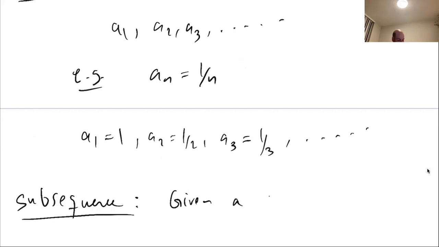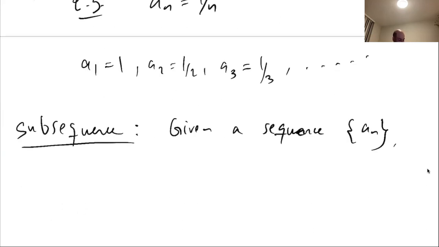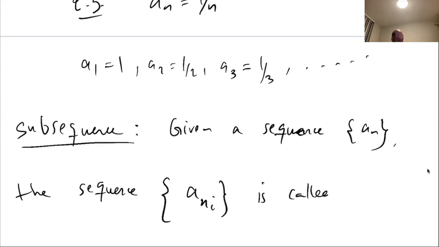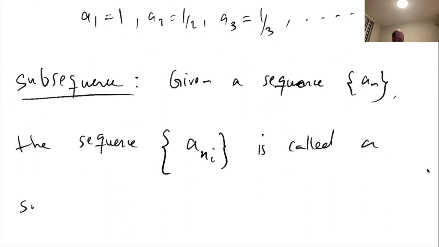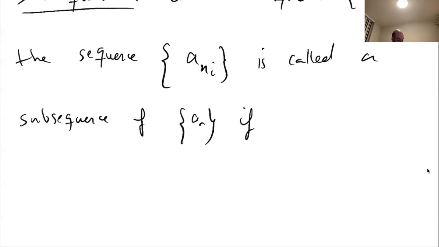So given a sequence AN, the sequence A N_I is called a subsequence of AN if N1 is bigger than or equal to 1, less than N2, N2 less than N3, and so on.